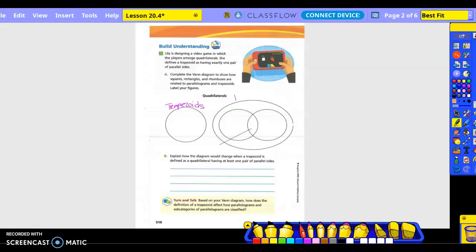And then this one would be parallelograms. And then both of those are types of what? Quadrilaterals. That's why they give us that header, right? So a trapezoid looks like what? It's this one, with one pair of parallel sides.